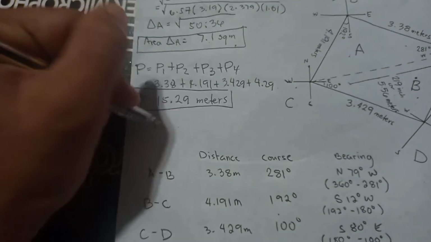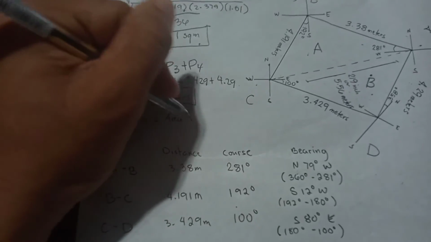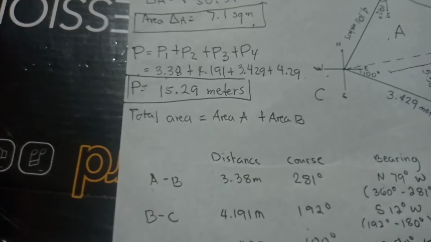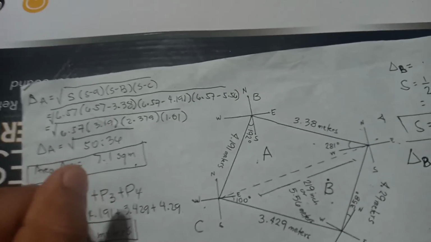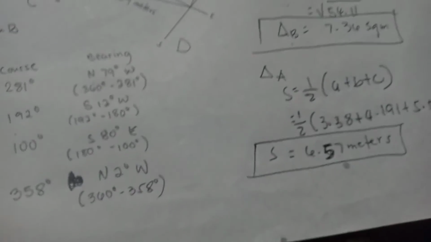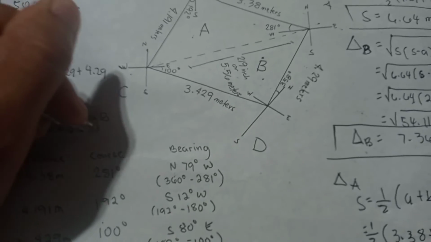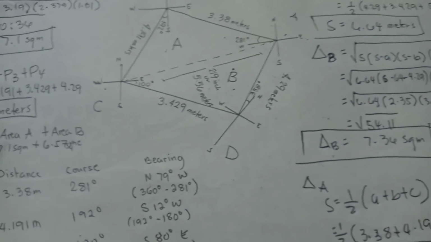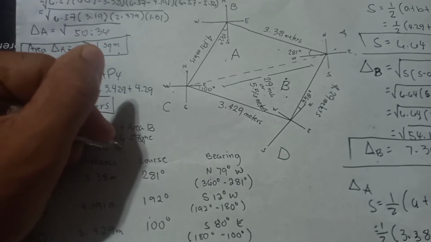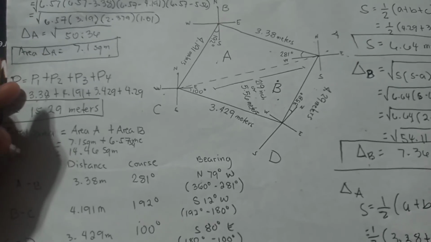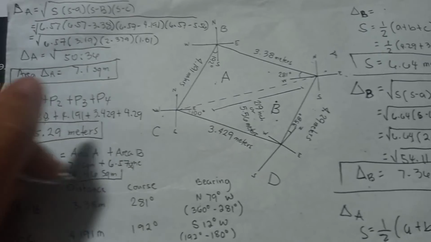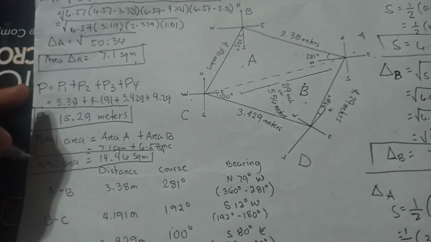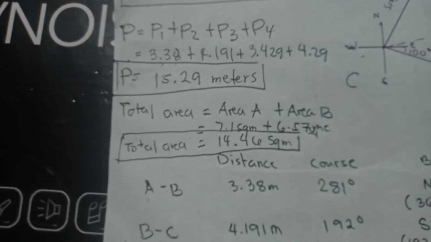So total area is equal to area A plus area B: 7.1 square meters plus 6.57 square meters. So the total area is 14.46 square meters.